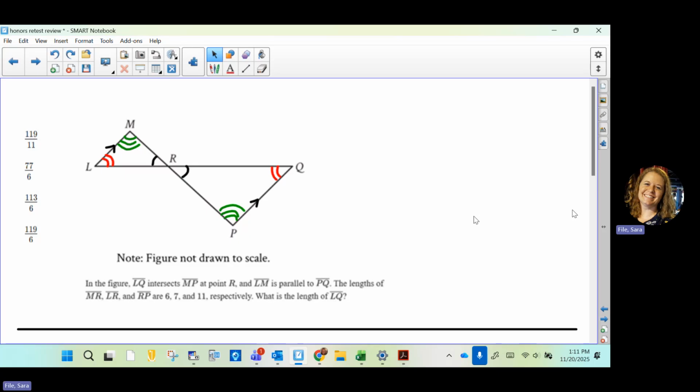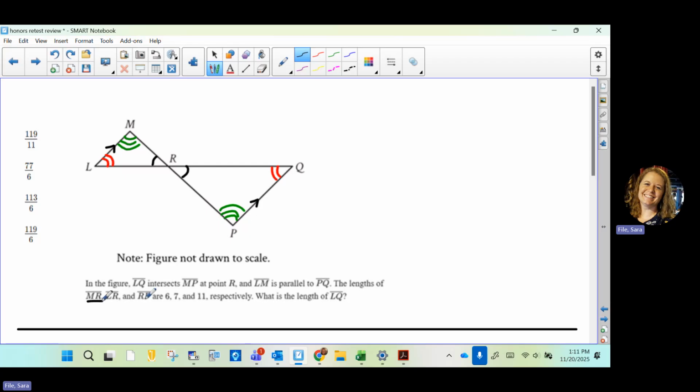Now the lengths of MR, LR, and RP are 6, 7, and 11, respectively. We've had a few questions that had this wording. They listed something and then said respectively. That just means in that order. So MR, sorry, my pen stopped working for a sec.